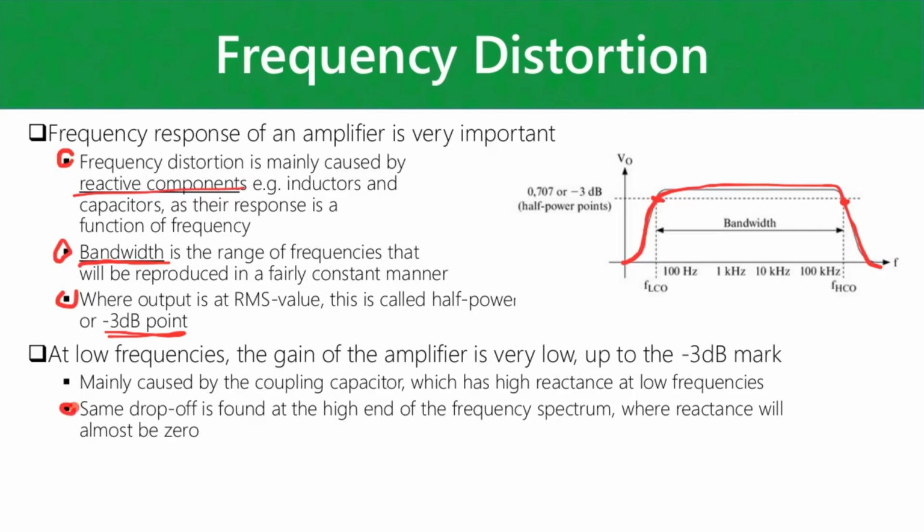And you also get the same drop off at the high end of the frequency spectrum, where the output of your amplifier will pretty much approach zero with the increase in frequency.